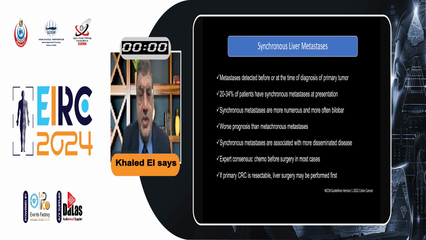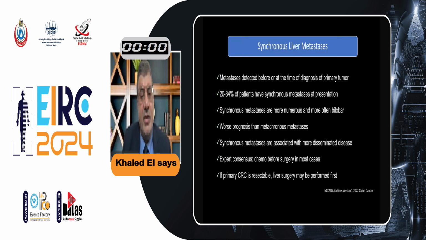What do you do with synchronous liver metastases? Like when you have rectal cancer together with liver metastases, what do you do? You treat the liver metastases first. That's what they do in my institution. Metastases detected before or at the time of diagnosis of the primary tumor are resected first. That's the definition of synchronous liver metastases. About one third of patients can have metastases at the time of presentation.